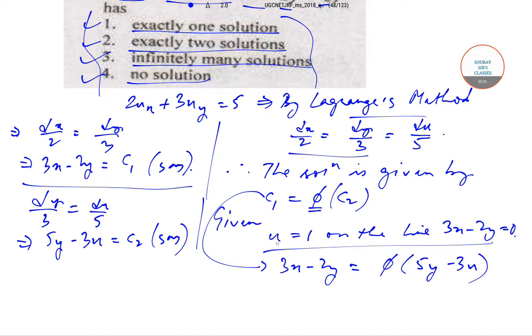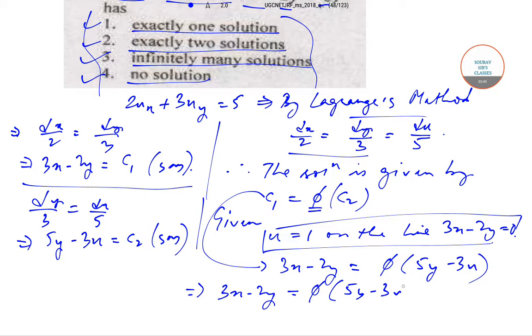Now it has been given that u = 1 on the line 3x - 2y = 0. Therefore we can write that 3x - 2y, which is equal to the function of 5y - 3u, is equal to 0.